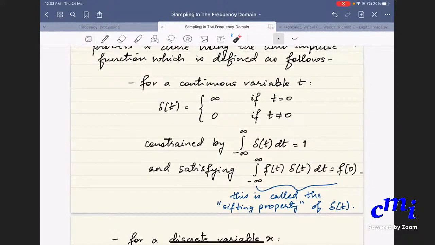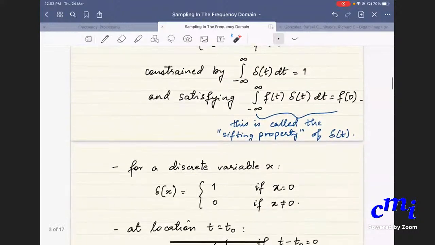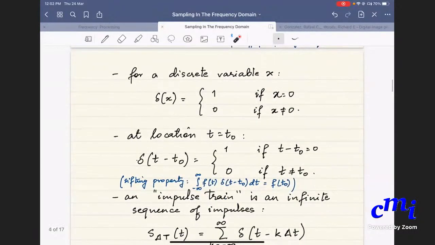So this is for continuous variable t, with the impulse located at 0. You could also have the impulse located at some other point, at location t equal to t naught. If you want to have the impulse located here, you can define it in this way: delta of t minus t naught is 1 if t minus t naught is 0, which means t equals t naught, and 0 otherwise.